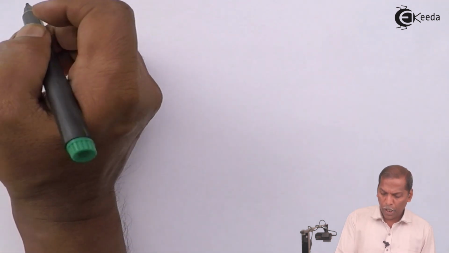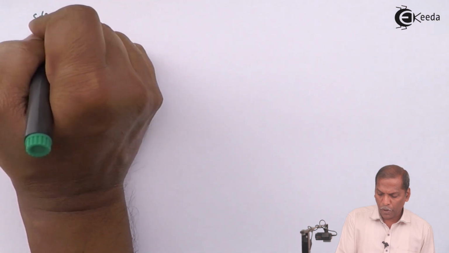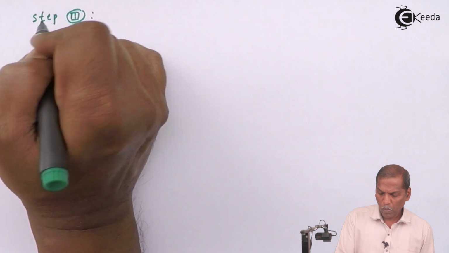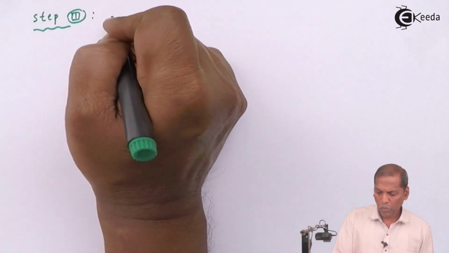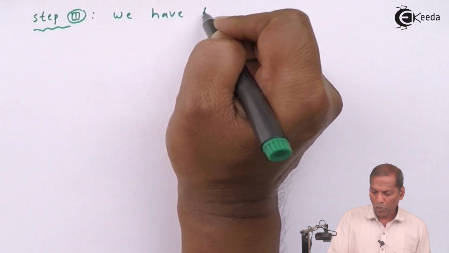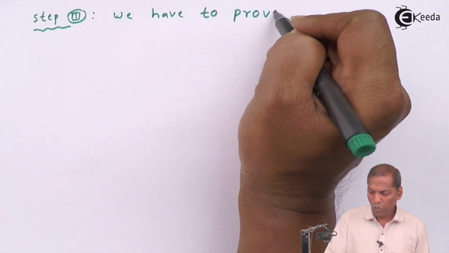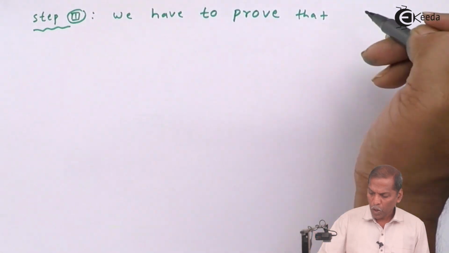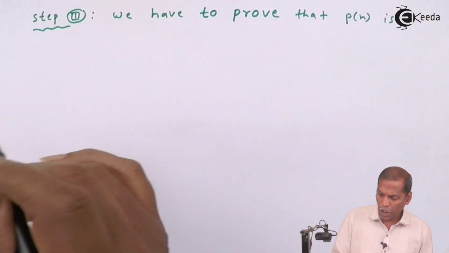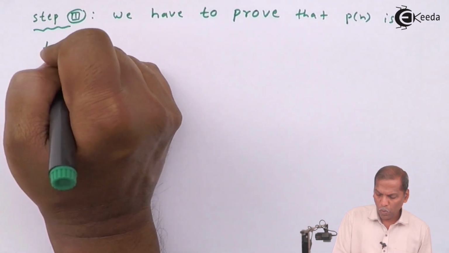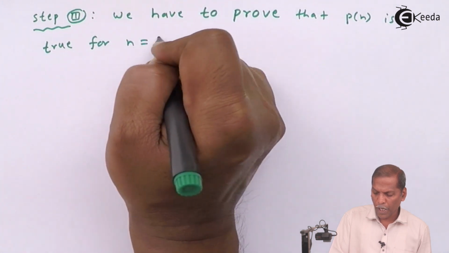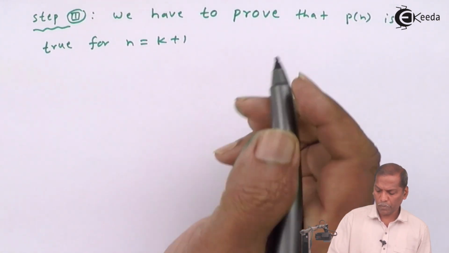Now here we consider step number 3. We have to prove that P(n) is true for n equal to k plus 1.